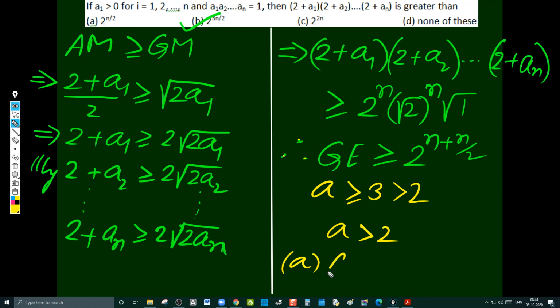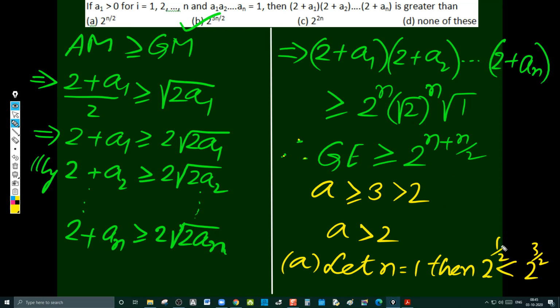Let n is equal to 1. Then it is 2 power 1 by 2, and option B is 2 power 3 by 2. Which one is greater? Root 2 is 1.4 and root 2 whole cube, 2 power 3 by 2, is obviously greater, so option A is lesser. Correct now?